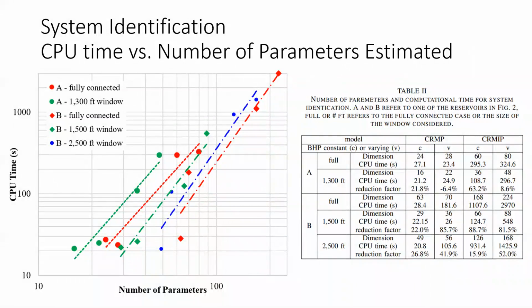And that was a very significant reduction in computational time during the systems identification phase. And as we go to bigger reservoirs with hundreds or even thousands of injectors and producers, we expect the benefits to be even more relevant.